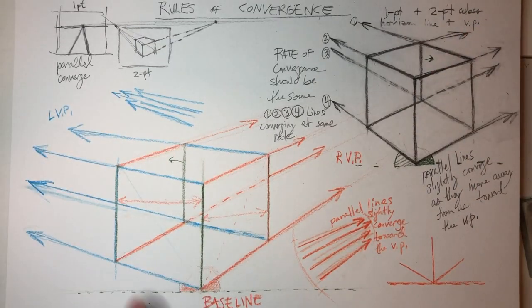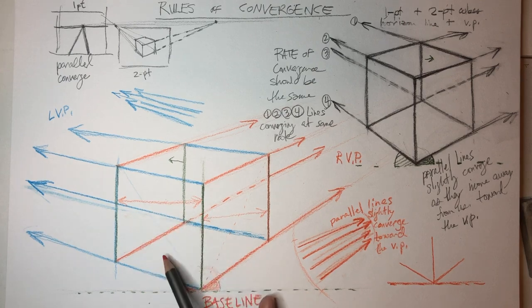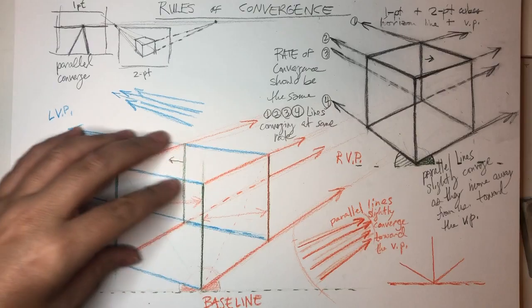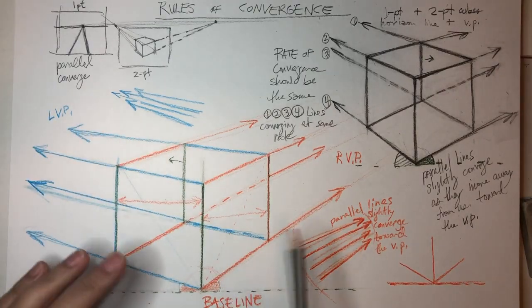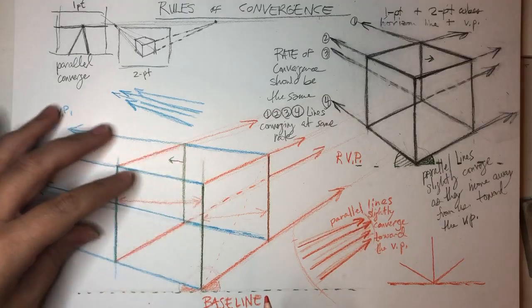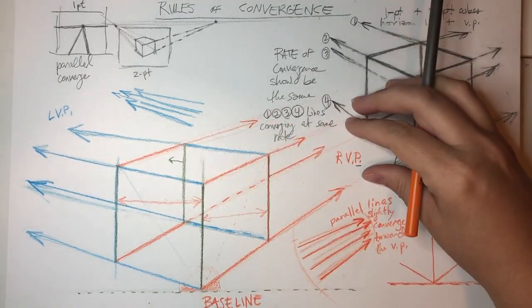So on this side, I know it's further because it's a more open angle, it's a wider side, and I'm seeing more of the left-hand face in this view. So these lines, although they converge and taper towards the vanishing point, they do not converge as fast or as quickly as these lines do.